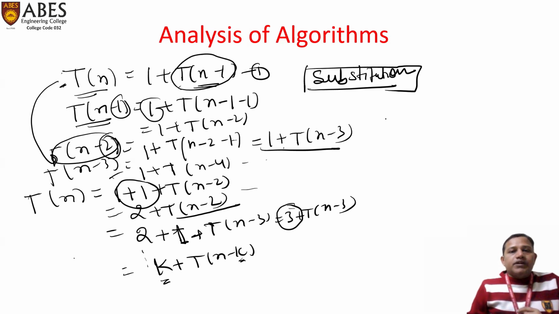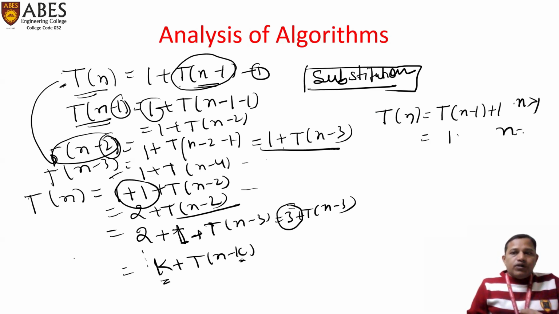And when will it terminate? T(n) = T(n minus 1) + 1 when n is greater than 1, and equals 1 if n is equal to 1. Okay, so this is called the base case or termination case.